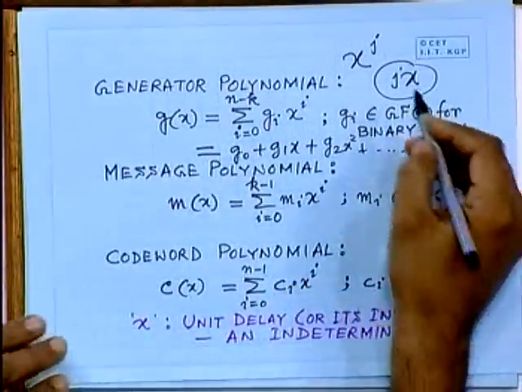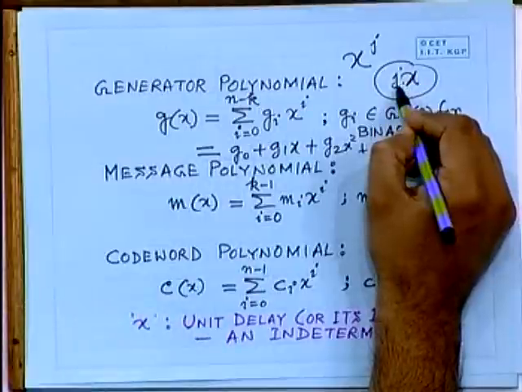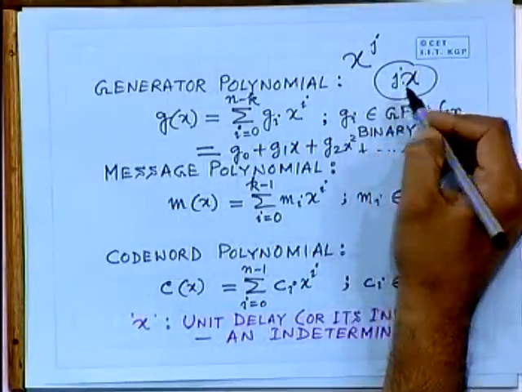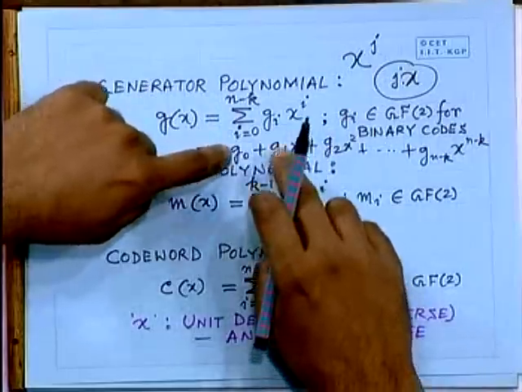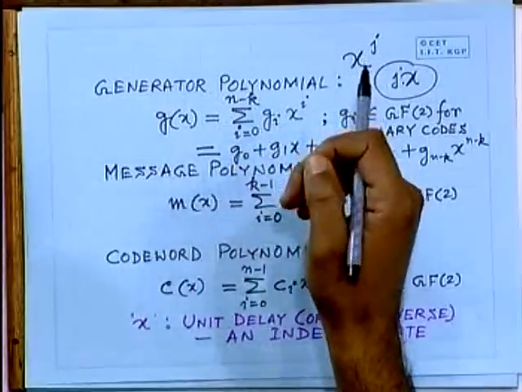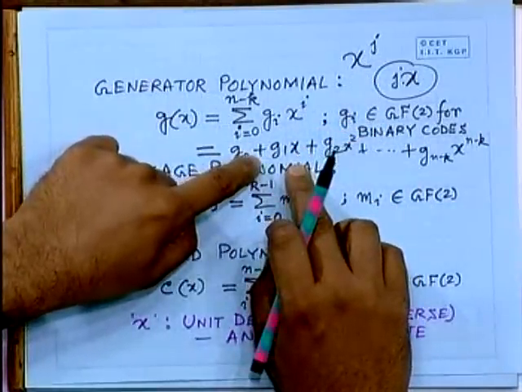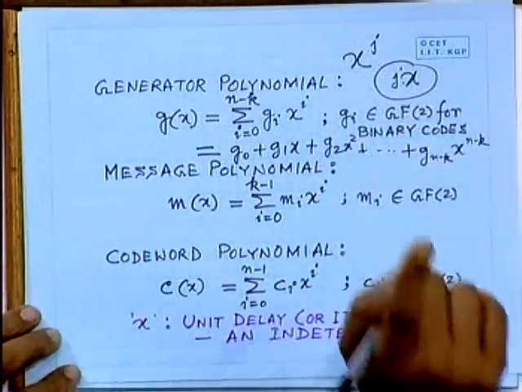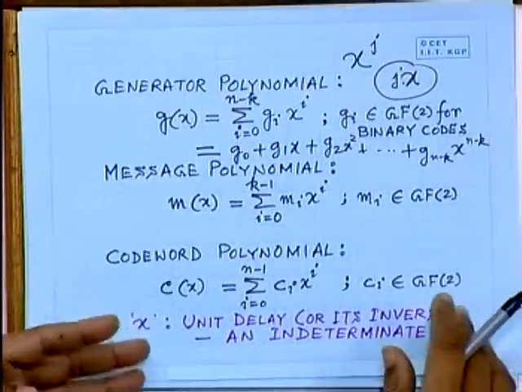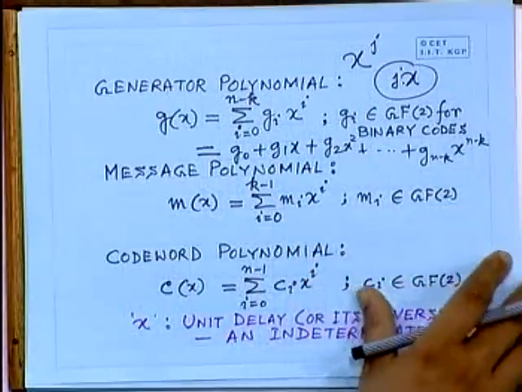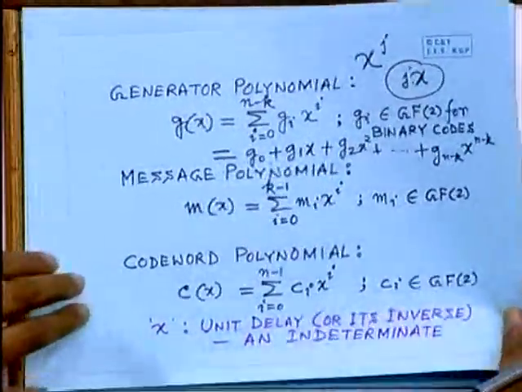We do not write jx because then j will appear as a coefficient of x, whereas we use the code word bits or message bits as the coefficients of x. So by notation, x to the power j indicates j unit delays. Is that okay? Any other questions?